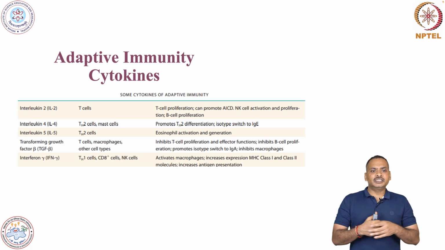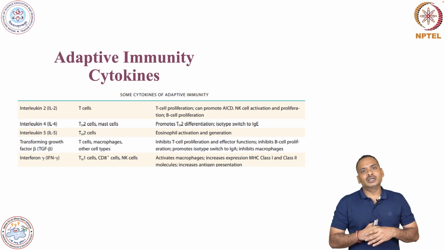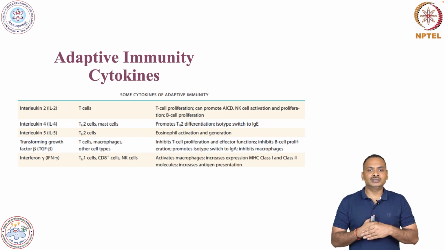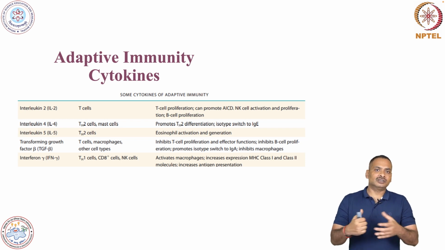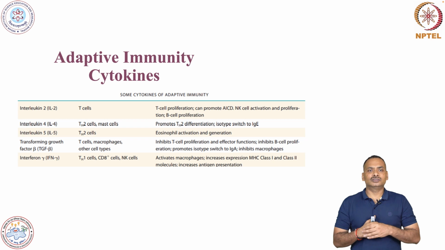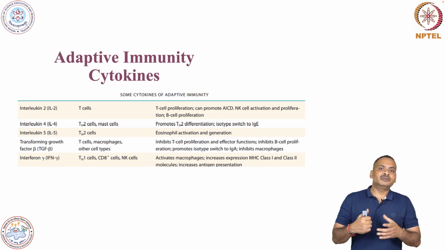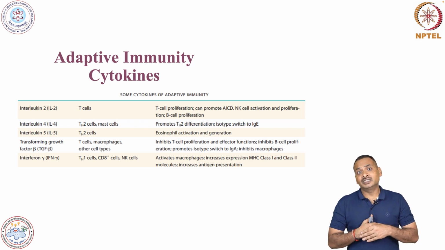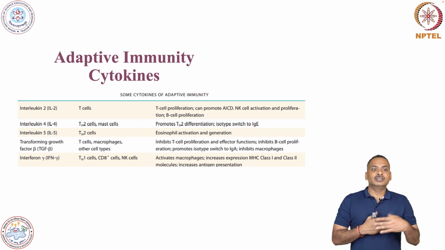Okay. TGF beta is basically produced by T cells, macrophages and some other immune cells, and they play again a wide range of roles like class switching to IgA, inhibiting macrophages, and inhibiting T cell proliferation. Another is interferon gamma.